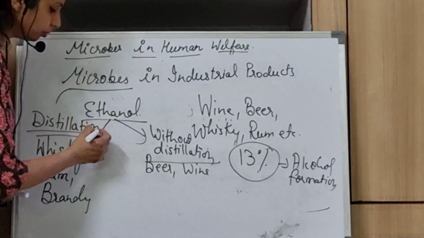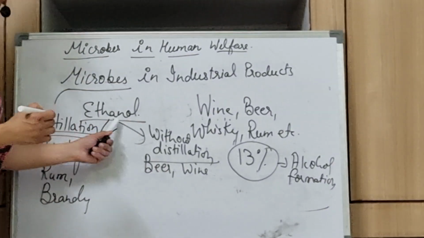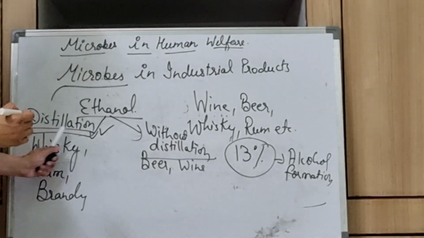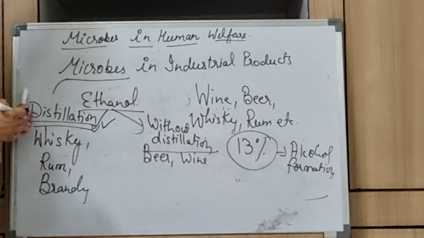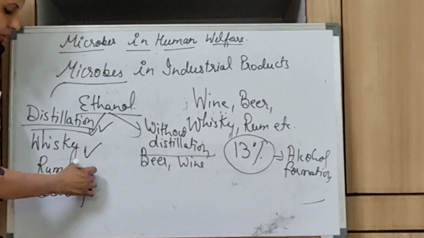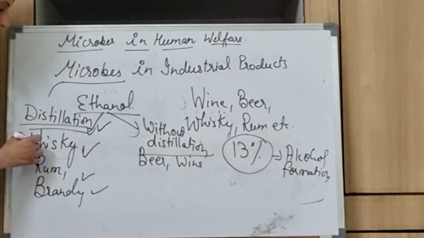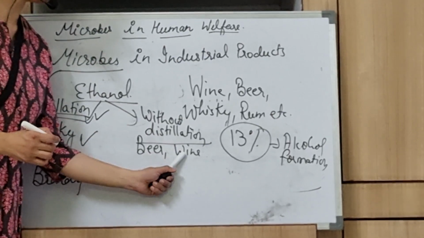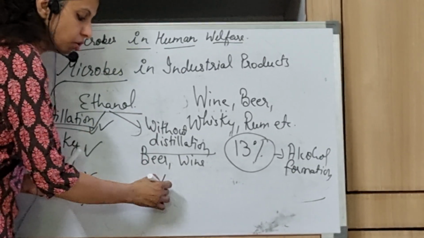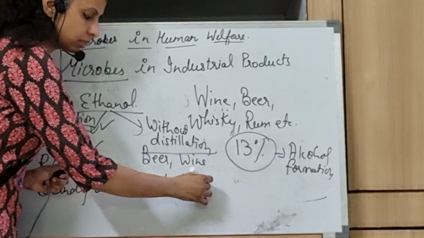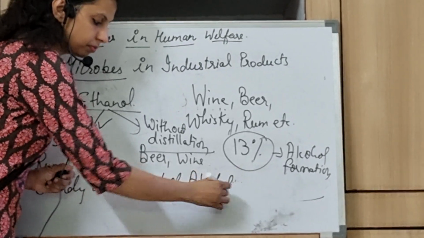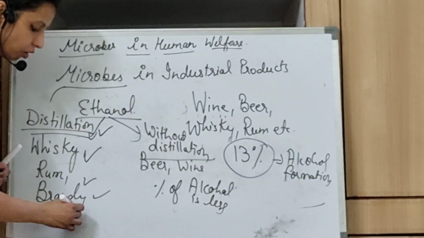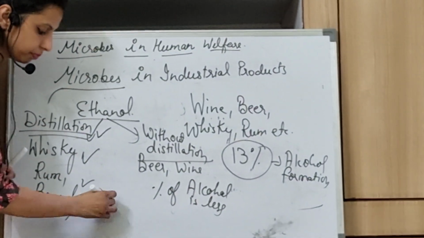So in the distillation process, the ethanol level increases so that the effect of alcohol is observed, and drinks like whiskey, rum and brandy are prepared. Whereas in beer and wine, the percentage of alcohol is less. And here the percentage of alcohol is more.